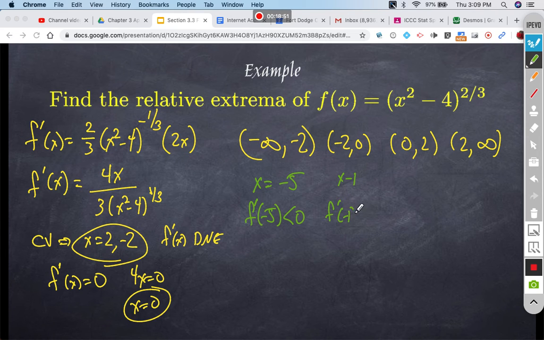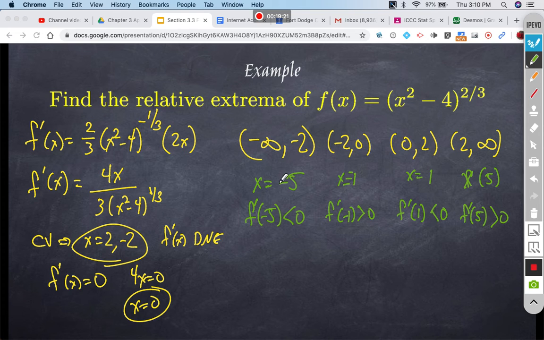And the first derivative at negative 1 is going to be positive. Then x equals a positive 1. When I evaluate the first derivative again at 1, this is going to be negative. And then I checked 5. F prime of 5 is going to be greater than 0.